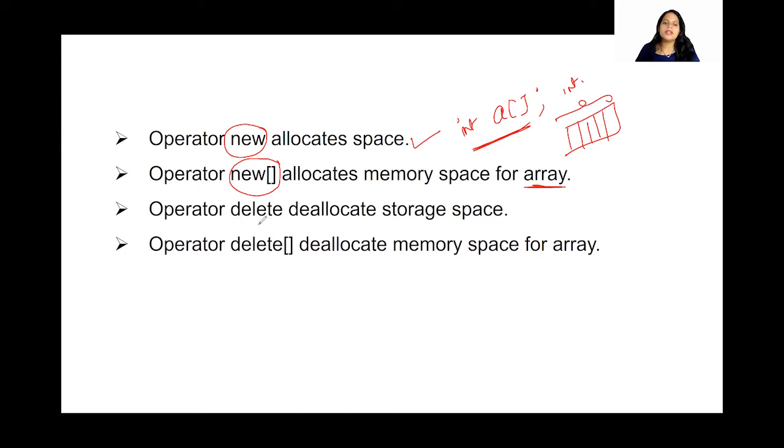Similarly, operator delete deallocates the storage space. Now this deallocation happens only for that space which has been allocated using new. Similarly, delete with open bracket close bracket deallocates the memory space which has been allocated using the array form of new. So there are these 4 types. Okay, I hope this is clear.